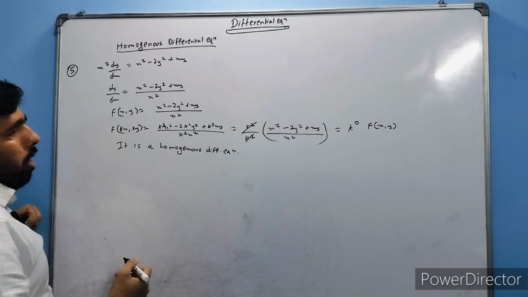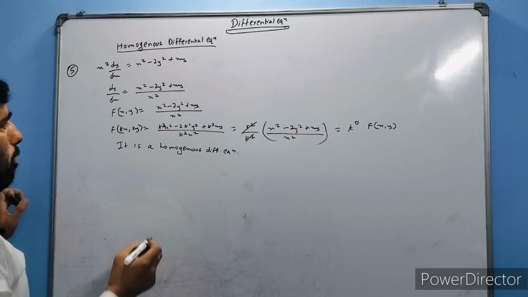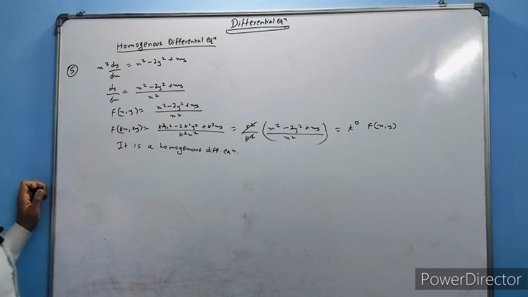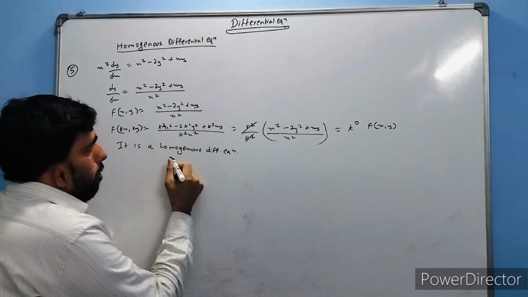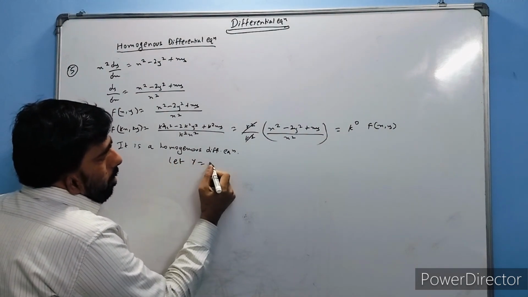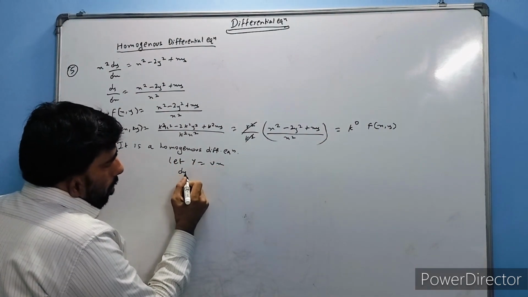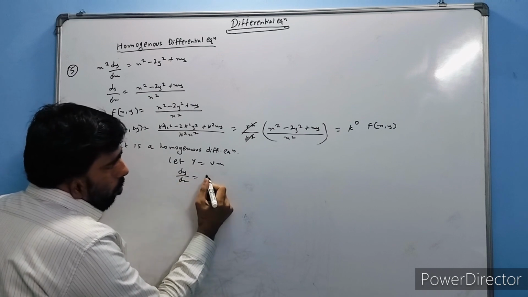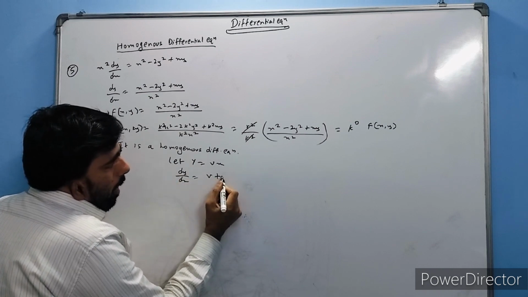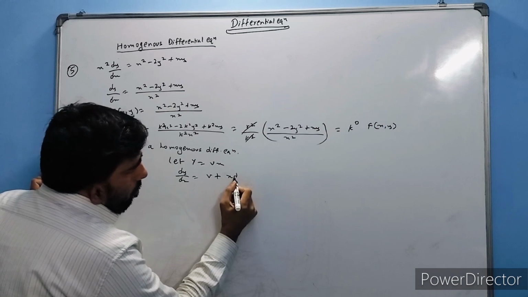Now let us try to solve it and find its general solution. Let y is equal to vx, so dy upon dx is equal to v plus x dv upon dx.